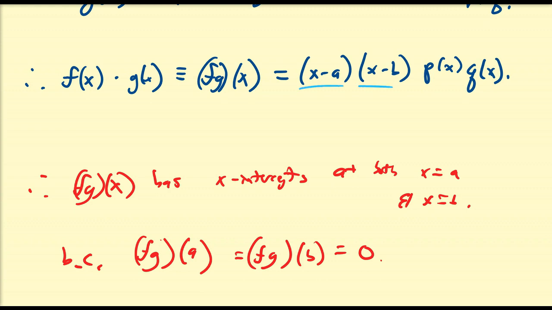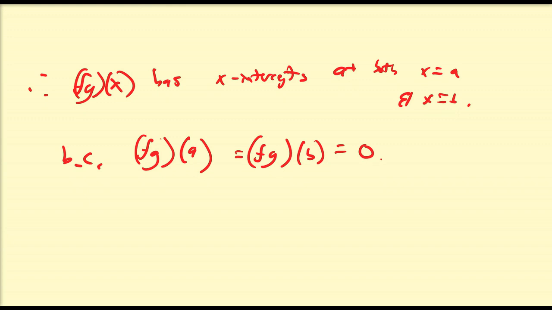You can easily observe that because when you plug in a or b into these two factors, their product times the rest of it is always going to be equal to 0. So this is just some basic properties associated to the sum, difference, and product of functions, in particular polynomial functions.